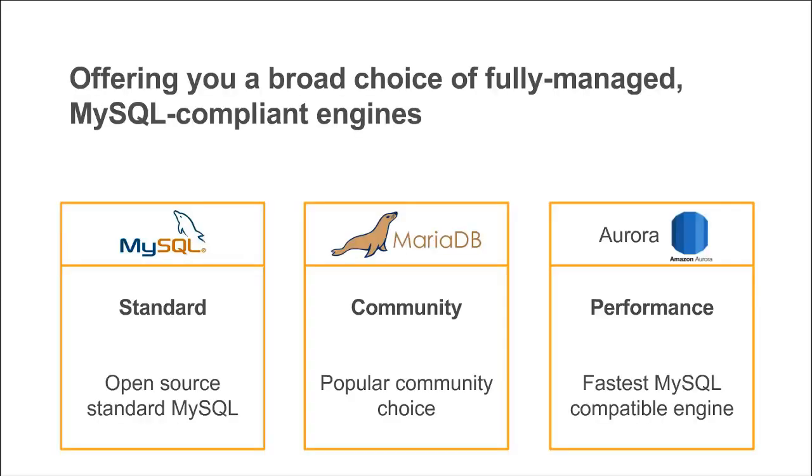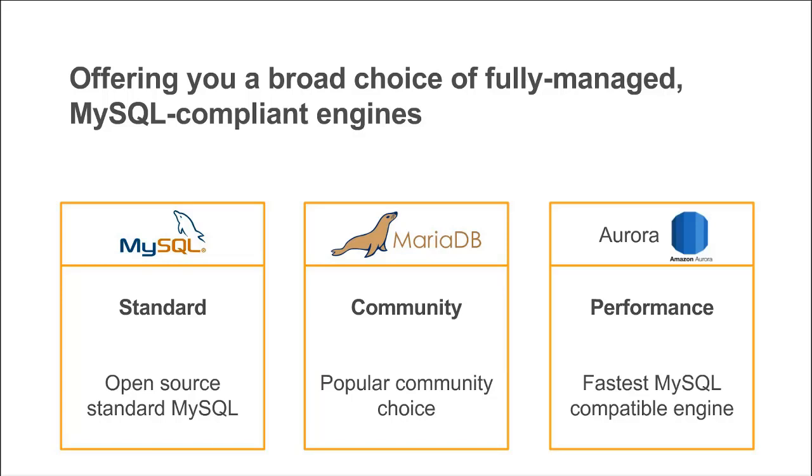Starting off with, first of all, what MySQL offerings are available to you on RDS. So of course, there's MySQL. It's one of the most popular open source database engines available to you today, and we offer the community edition of MySQL.